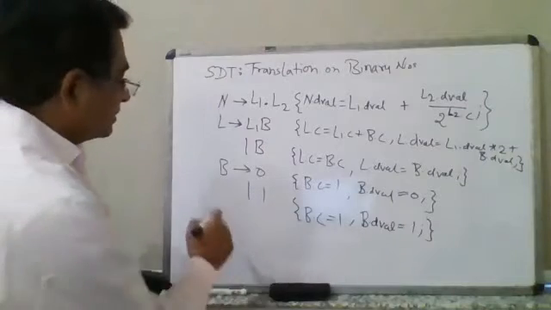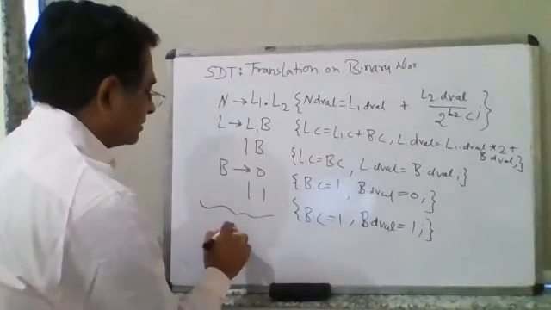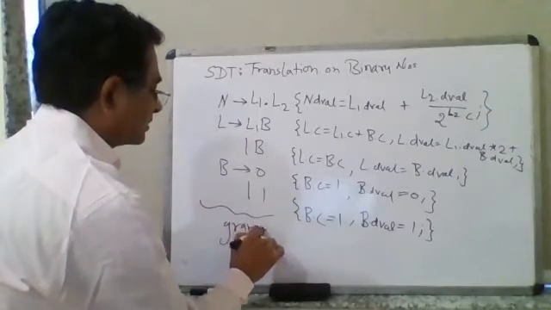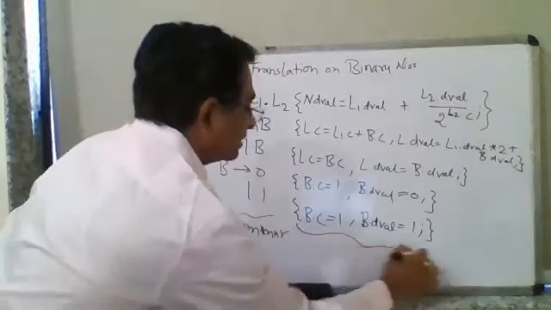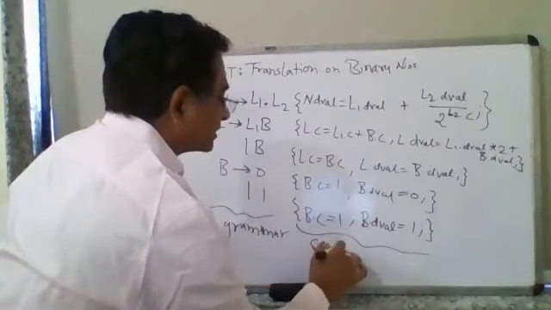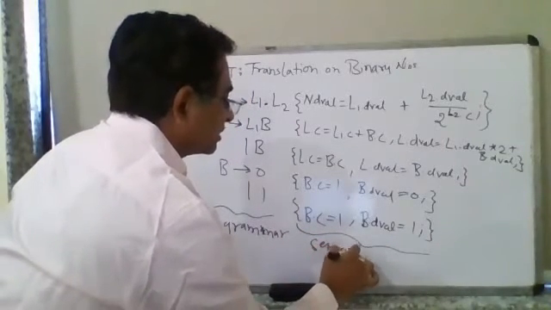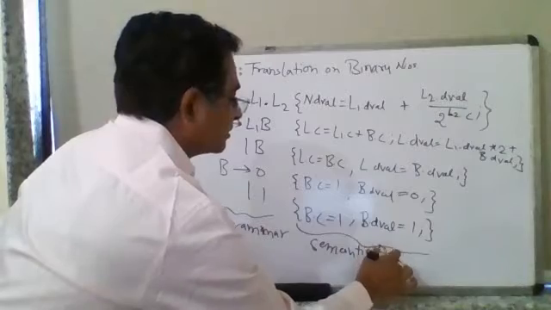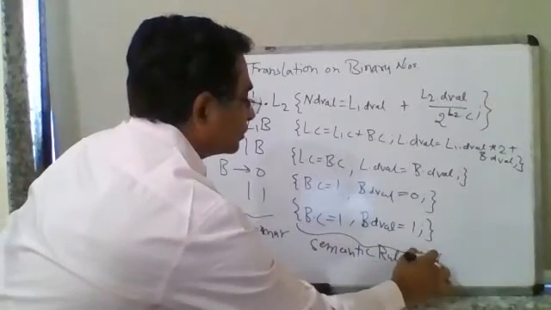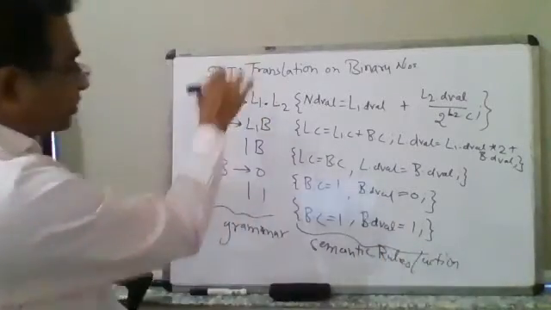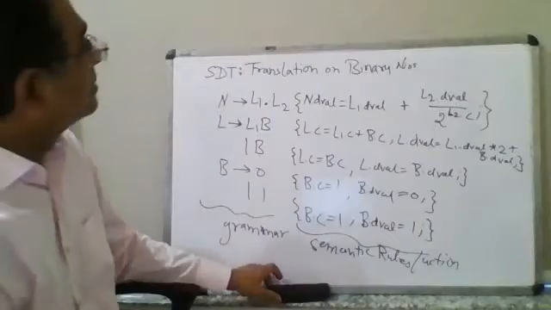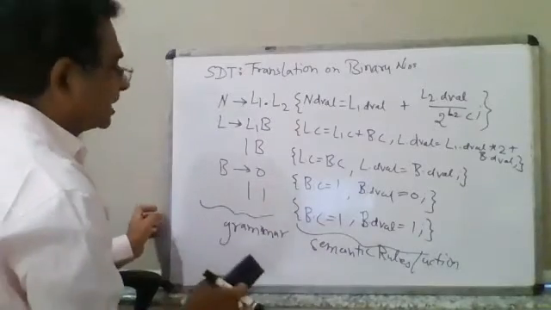So this is the actual grammar, and these are the semantic rules or actions that are going to be taken when the appropriate grammar is actually matched in the compiler, right?